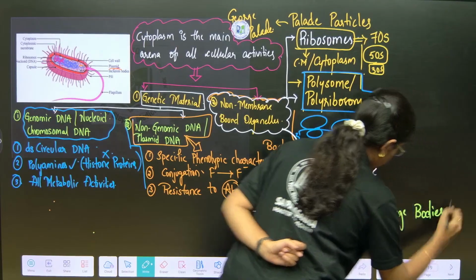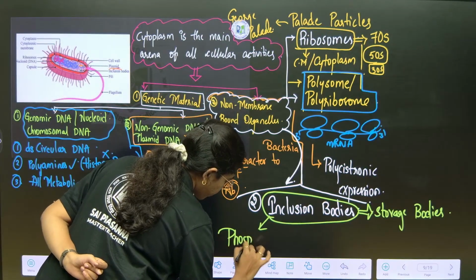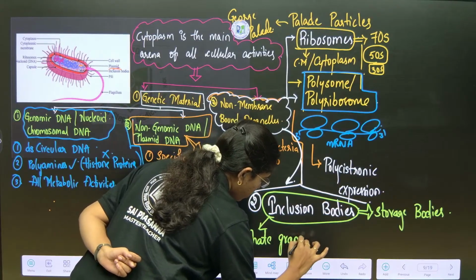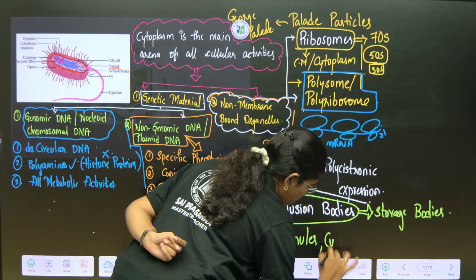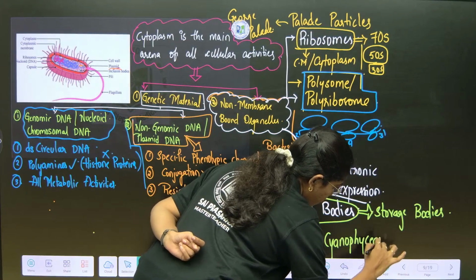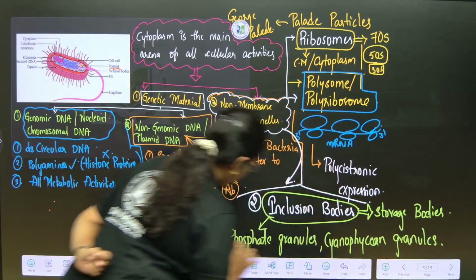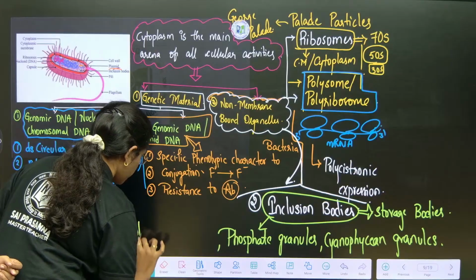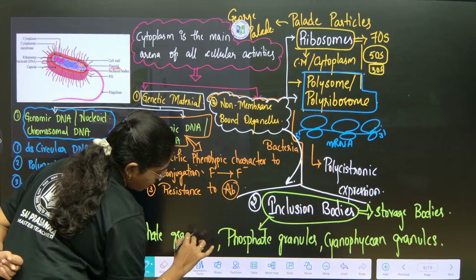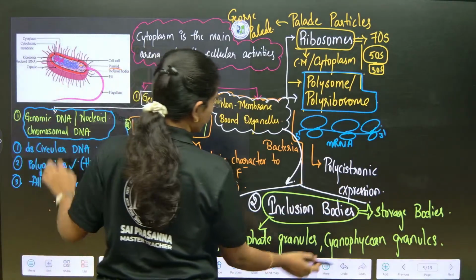You can address them as phosphate granules, cyanophycean granules, or sulfate granules. Clear till here? Any doubt anywhere? Clear, right?